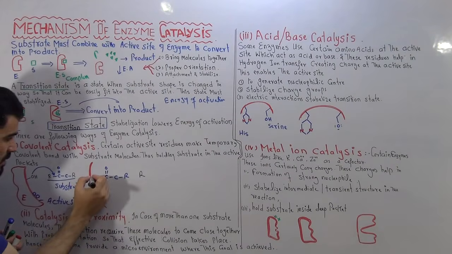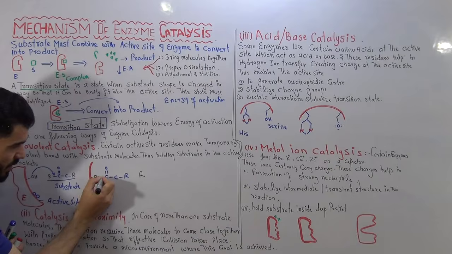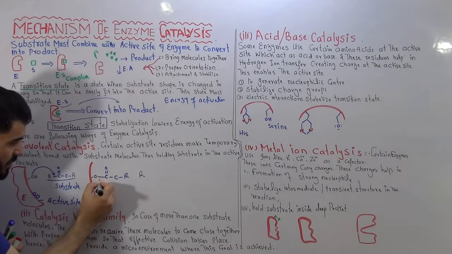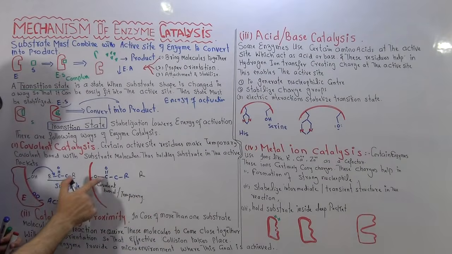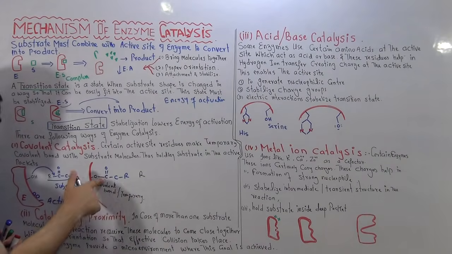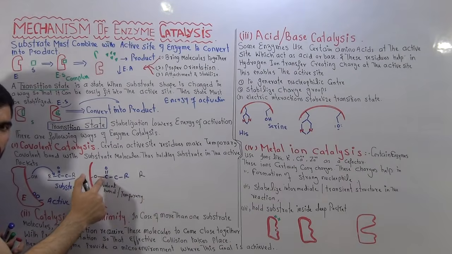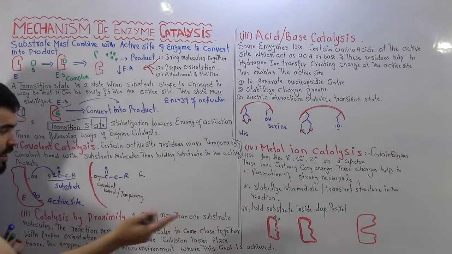Now here is our oxygen. The oxygen is going to make a covalent bond with this carbon. This covalent bond is not permanent, it is temporary. It will be formed and, until the reaction is completed, this bond will be broken again.